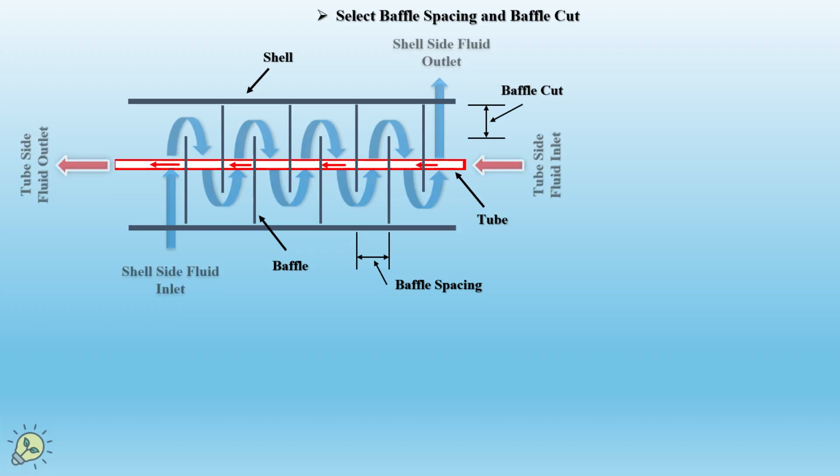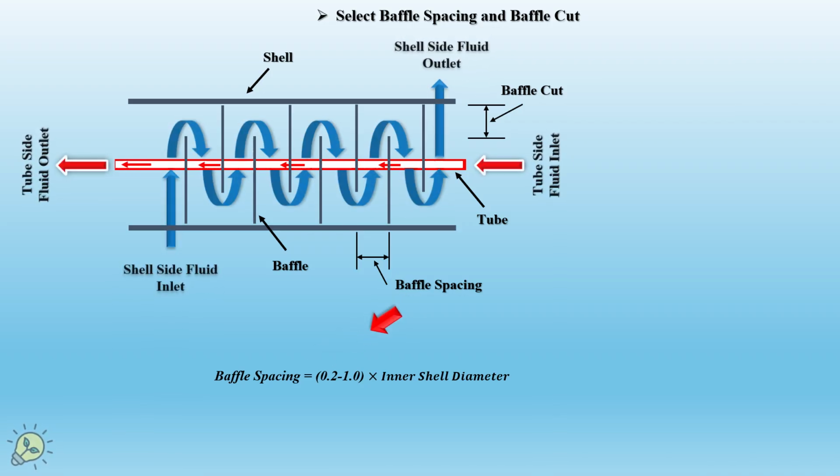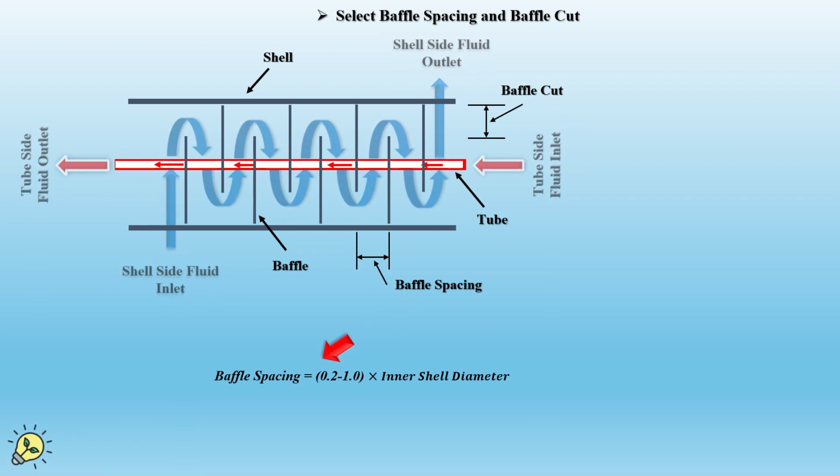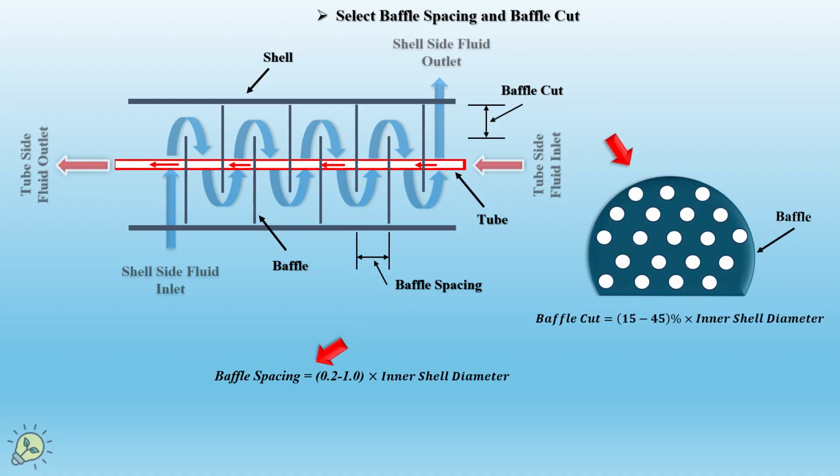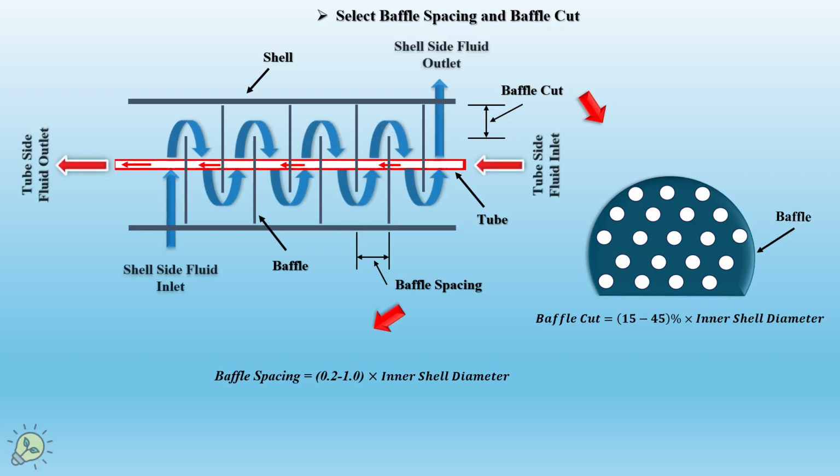The baffle spacing usually ranges between 0.2 to 1.0 times the inner shell diameter, and this range is given by the TEMA standard. And we have also the baffle cut to be in the range between 15 to 45% of the inner shell diameter.